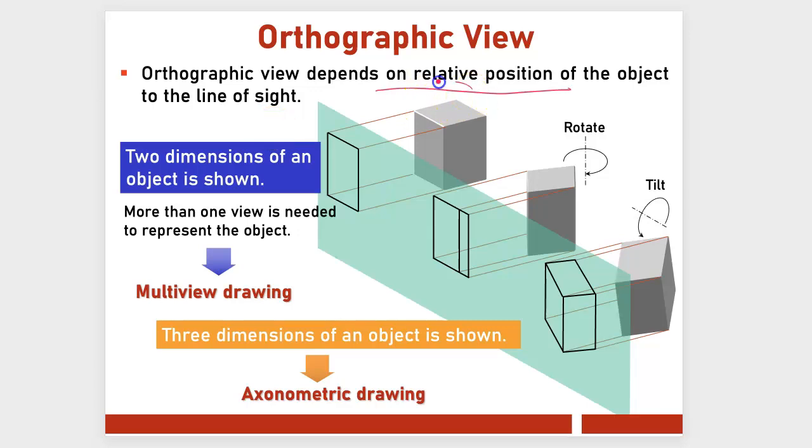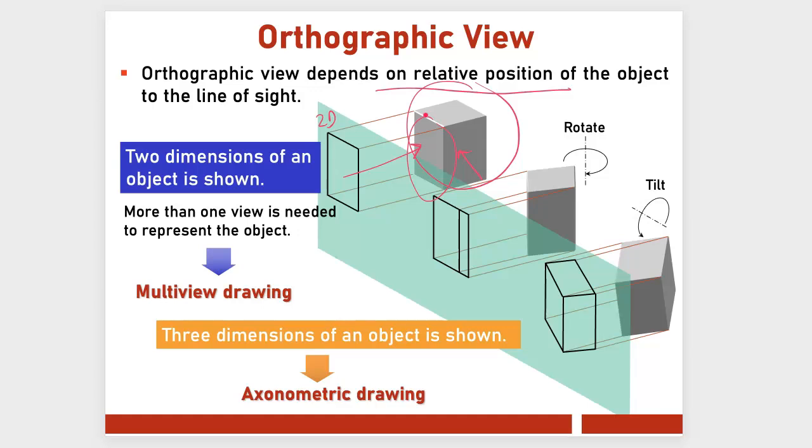So for a 3D object, if we only view it from this side, we will get a 2D representation of a 3D object. And obviously, it does not tell us whether this side has holes or whether that side has contours. It only tells us about the feature over here.